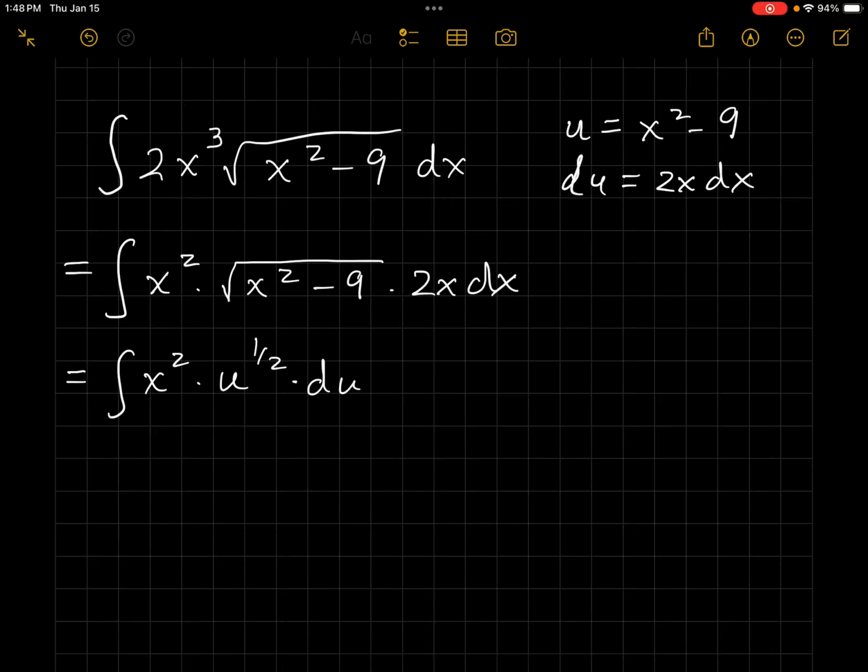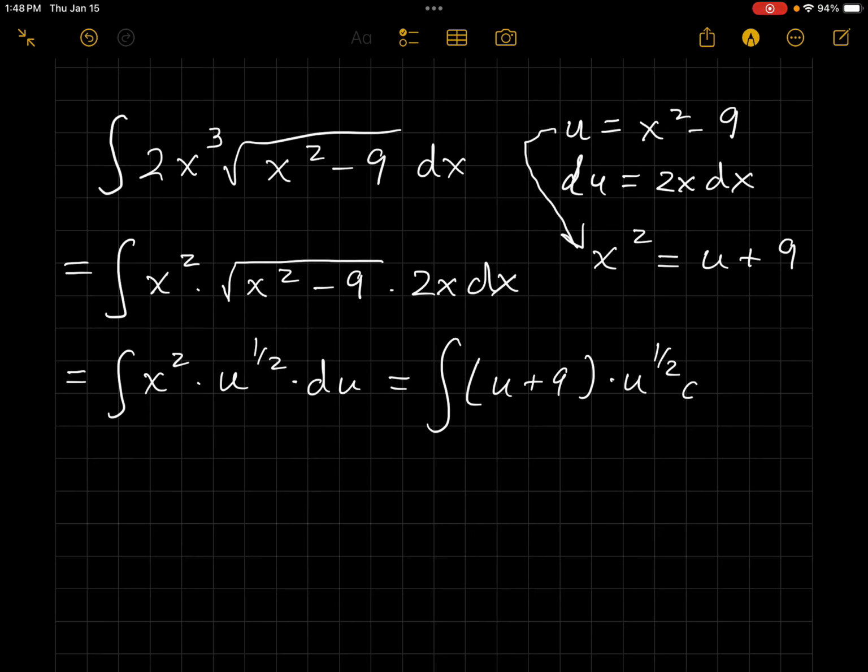And if you're bothered by the x squared, we don't need to be, because I know that x squared is u plus 9. And then I can rewrite this as u plus 9 times u to the 1/2 du.